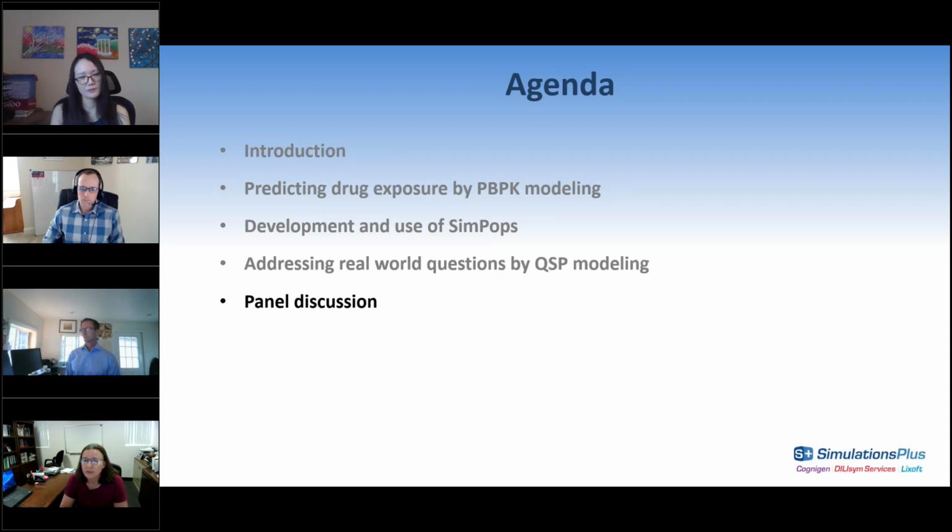When you are doing a simulation for human, the program asks you to select what population of subjects you want to use, whether you want to sample from Western, Japanese or Chinese populations, whether you want to create a physiology for a healthy subject or subjects with different degrees of renal or hepatic impairment, and also what should be the age and BMI of that subject and so on. So that is one of the basic functions of the program.